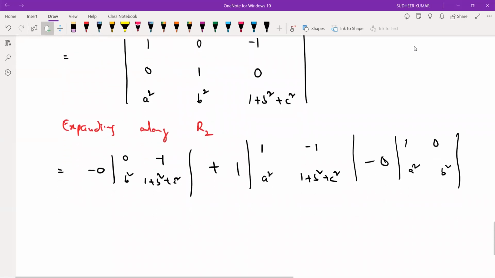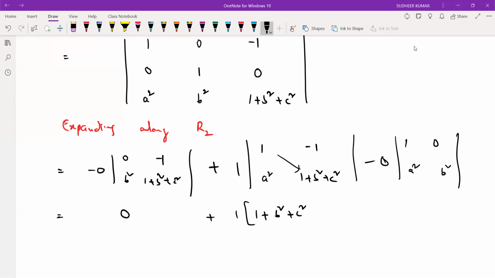So we'll get this result: 0 plus 1 times of multiply this, 1 plus B square plus C square, minus of 1 into minus 1 into A square, minus this is 0.